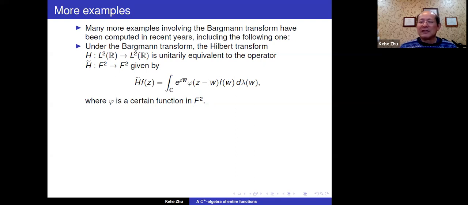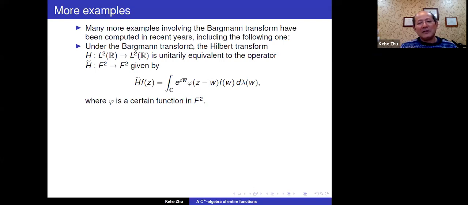You don't have to know the exact form of phi, but you can write it down. It's an elementary function. Actually, it's an antiderivative of a quadratic exponential function. It is a function inside F2, but on the borderline, almost out, but still in F2.